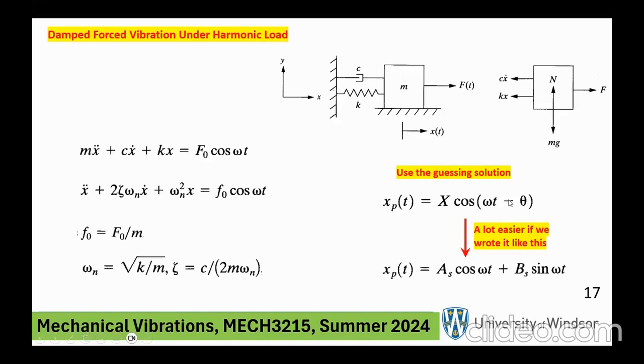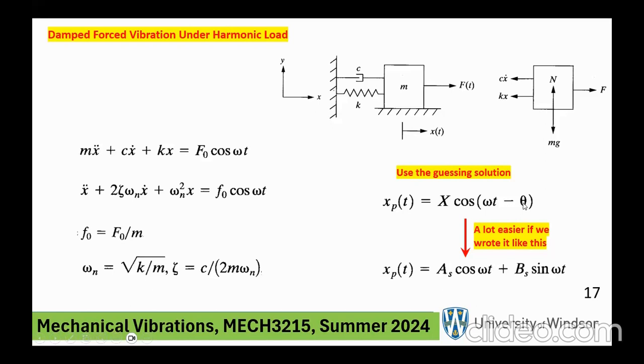If you want, it will perhaps be easier if we did it like that. Remember, cosine of the difference of two angles can be broken down into the product of the cosines plus the product of the sines. So I'm talking about cosine of omega t cosine of theta, plus sine of omega t sine of theta.